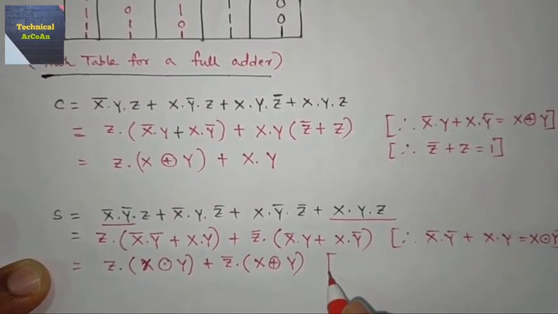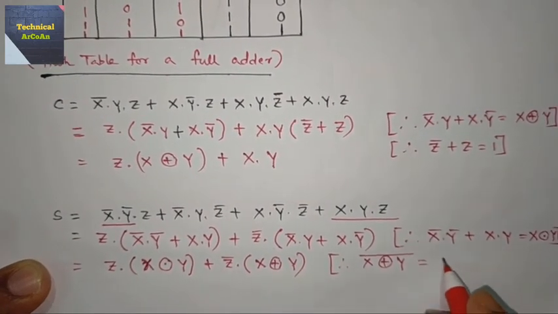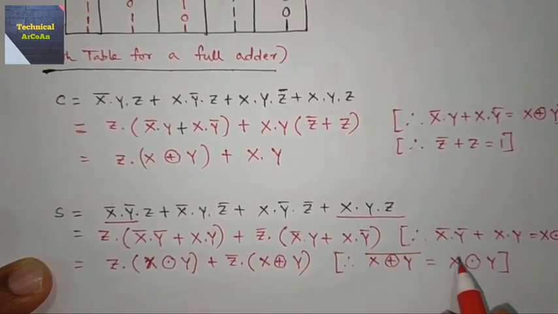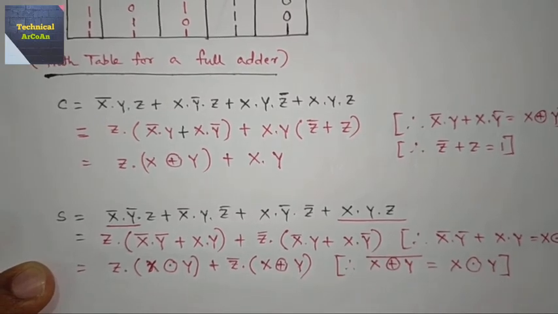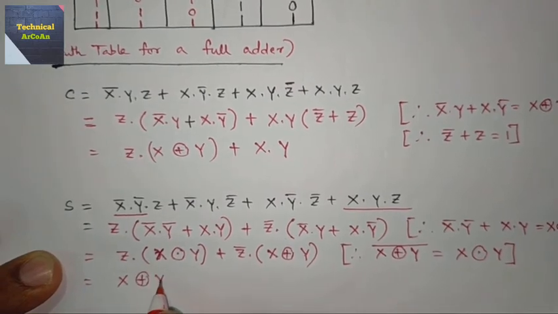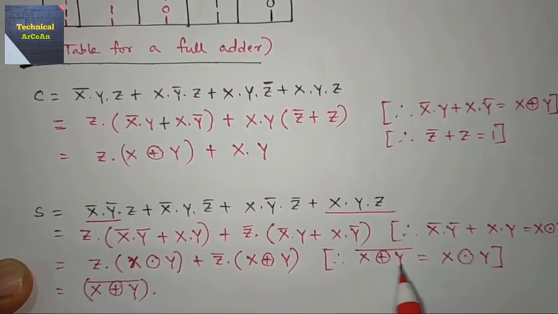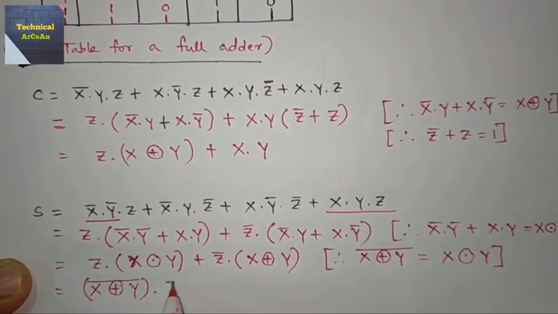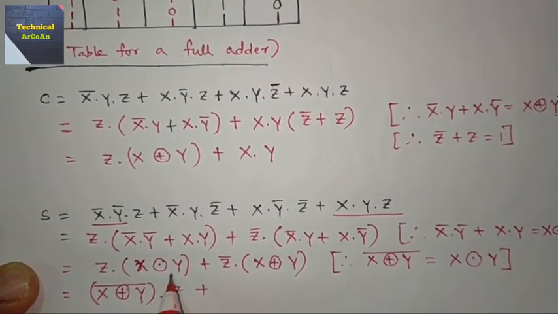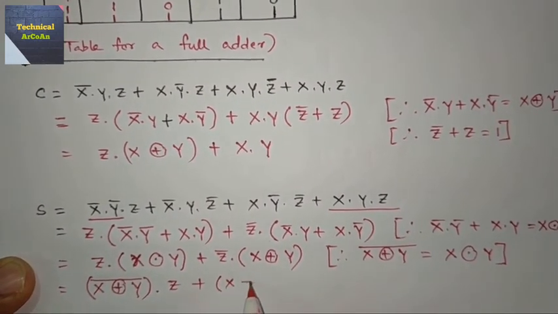Now also we know that for XOR if we put a complement we get XNOR, and vice versa, means if we put a complement on XNOR we get XOR. So we write this particular term in that way. This is your complemented part, the XNOR can be written in that way. And z is there. Also remember z dot something and something dot z are the same, that's why we write this particular term first, and then dot z, in the same way.